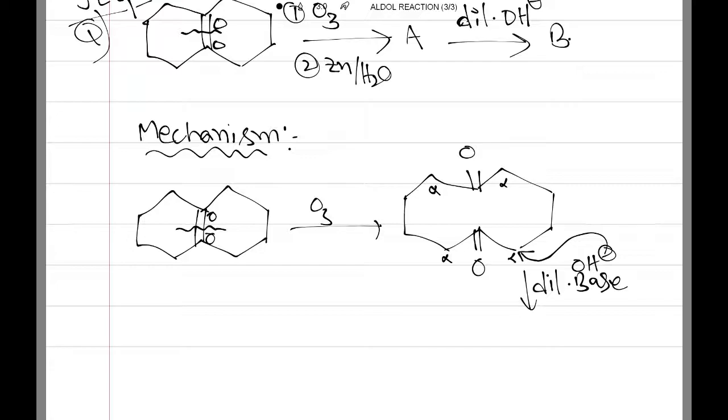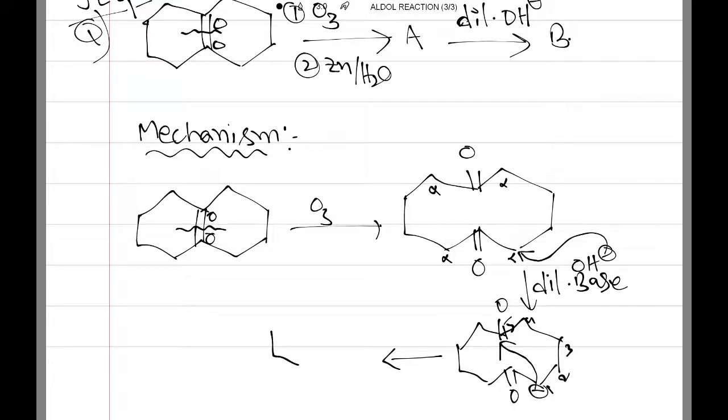So we can write it this way: double bond O, and from here I am taking the proton, and this carbon is attached to that carbon. If it is attached there, what ring number do we get? 1 2 3 4 5, so a 5-member ring formation takes place.